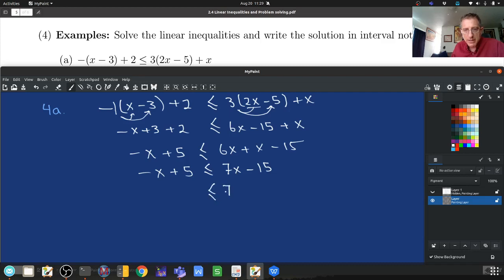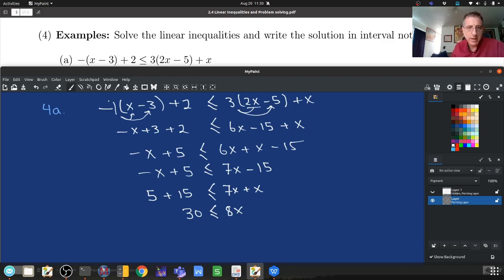So that's going to give me 7x plus x. And that's 8x. I want it to be positive. So that means I'm going to have to move the minus 15 to the other side, and it becomes plus. The 5 was already over there. So 5 plus 15 is 30, is less than or equal to 8x.